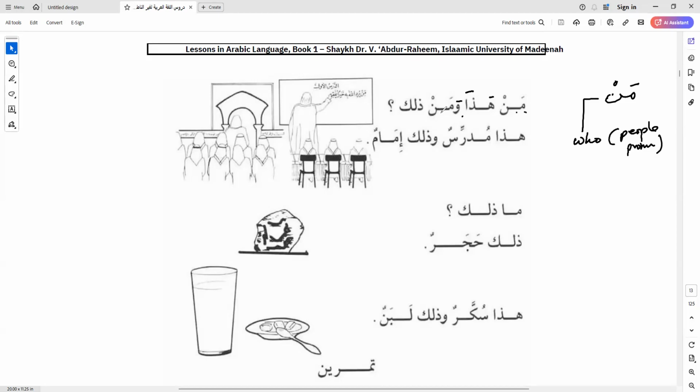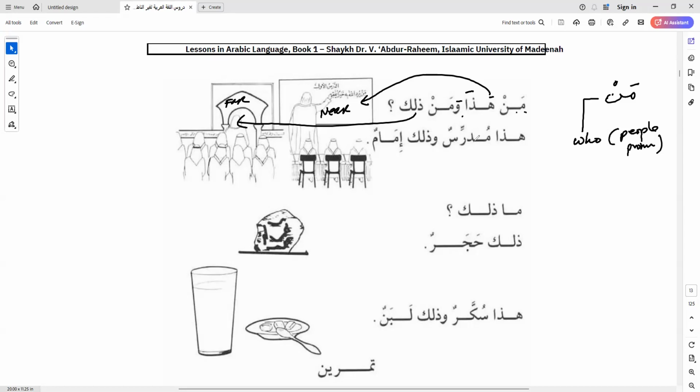Man هذا. ومن ذلك, and who is that? So we're referring to this person, and that person here. So apparently we are assuming that this is near, and this is far. So near and far. Remember, we use هذا for near, and we use ذلك to refer to something that is far.